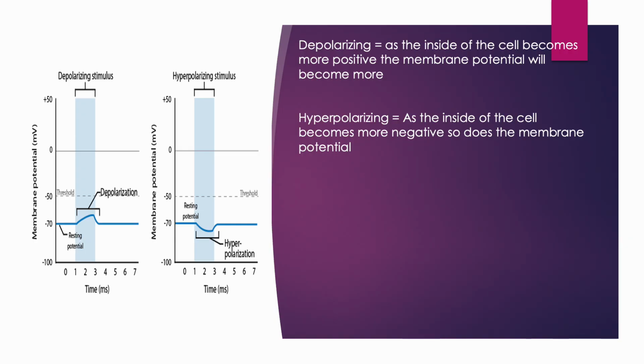You can think of it as moving away from a fire. We also want you to remember that graded potentials are proportional: the stronger the pressure, the stronger the stimulus, the bigger the potential.